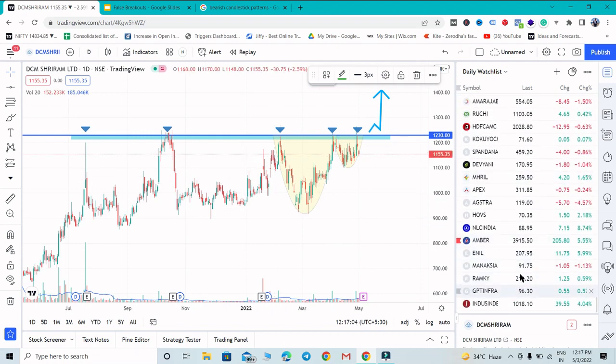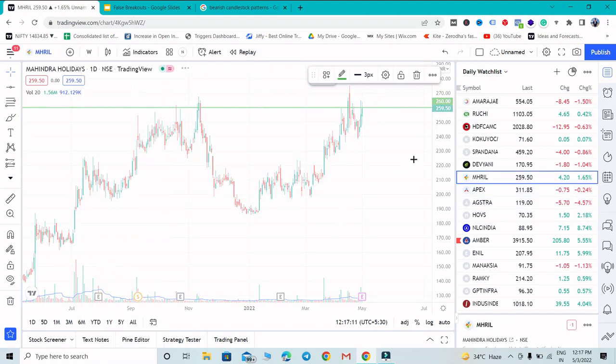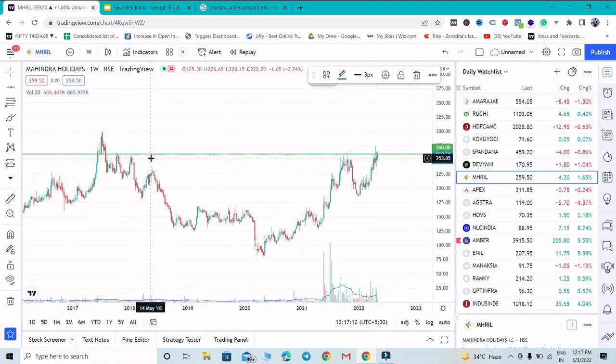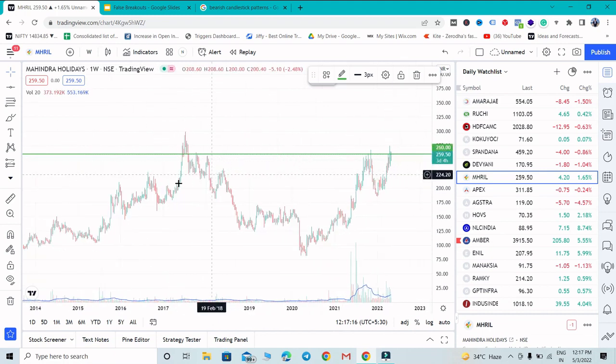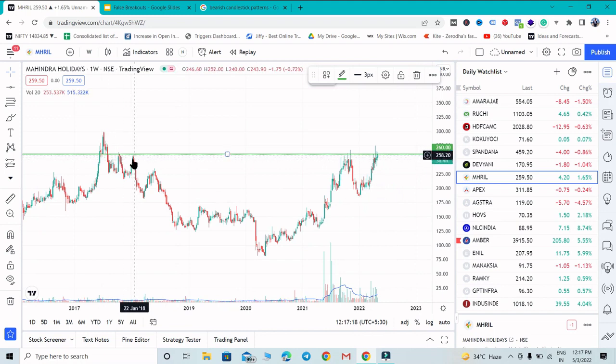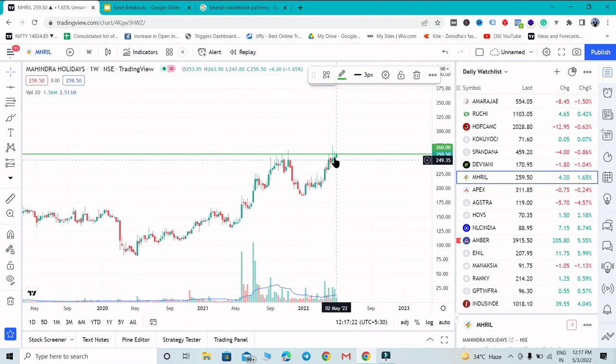A few more examples. We have MHRL, and here also we can see over here. Once, then twice, then you can consider this as well thrice, then here multiple times, and here again the stock is consolidating.